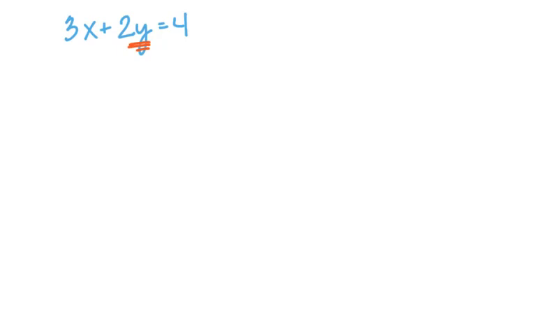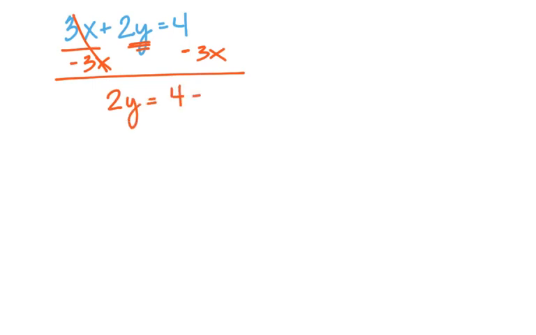Because it's being added with this 3x over here, that's the first thing we want to get rid of. So we are going to subtract 3x on each side of that equation. When I subtract 3x, I'm just left with 2y equals 4 minus 3x.